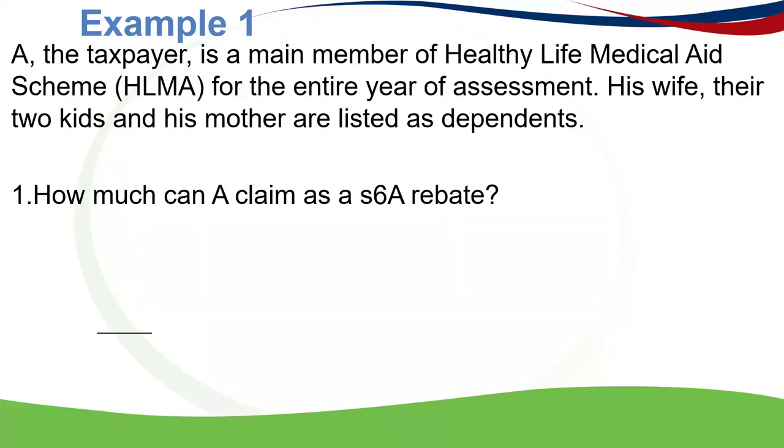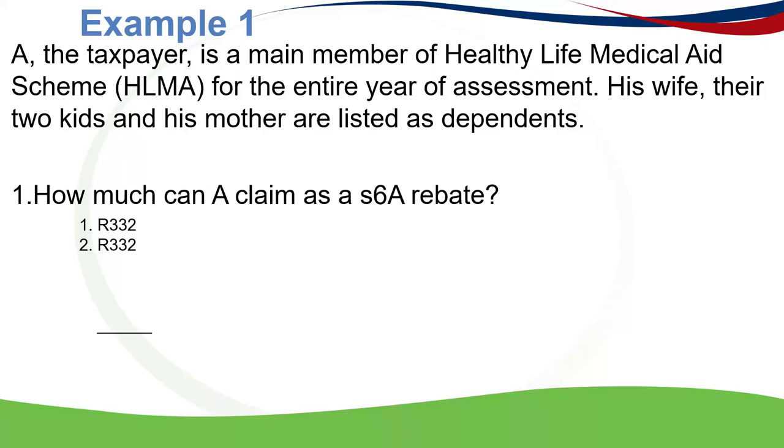So for the 2022 year of assessment, the first dependent can claim a monthly tax credit of 332 rands, as well as the second dependent, that would be 332 rands. So if you look at the legislation itself, it will tell you that it is an amount of 664 for the first dependent as well as the taxpayer.